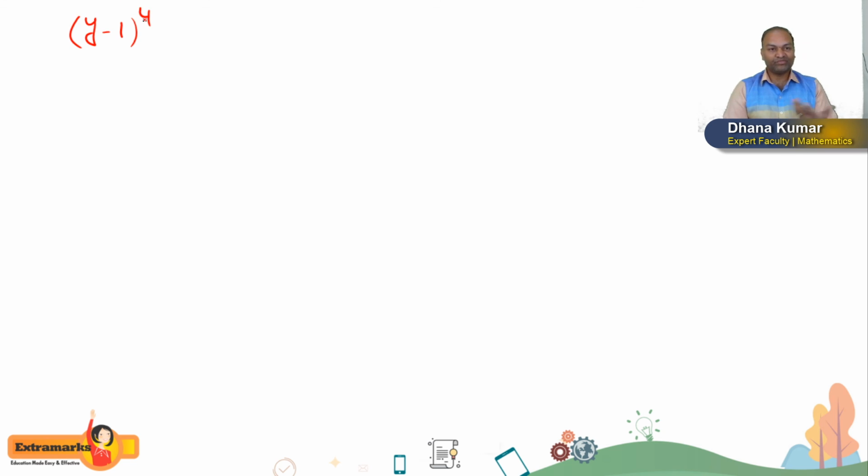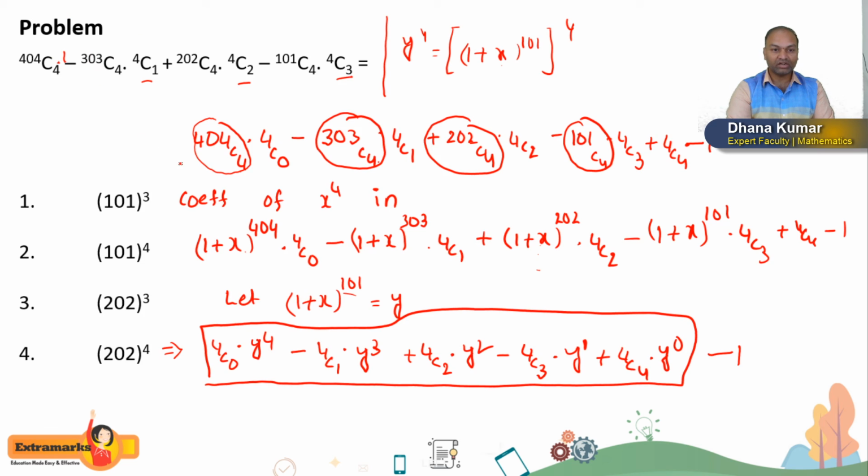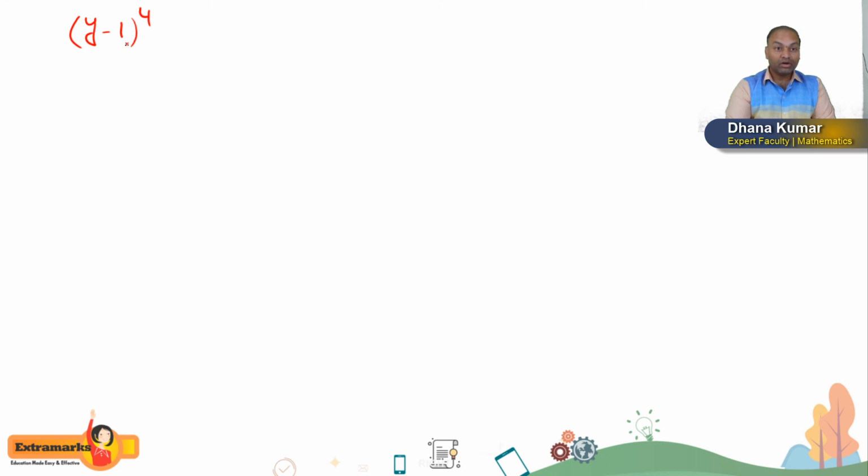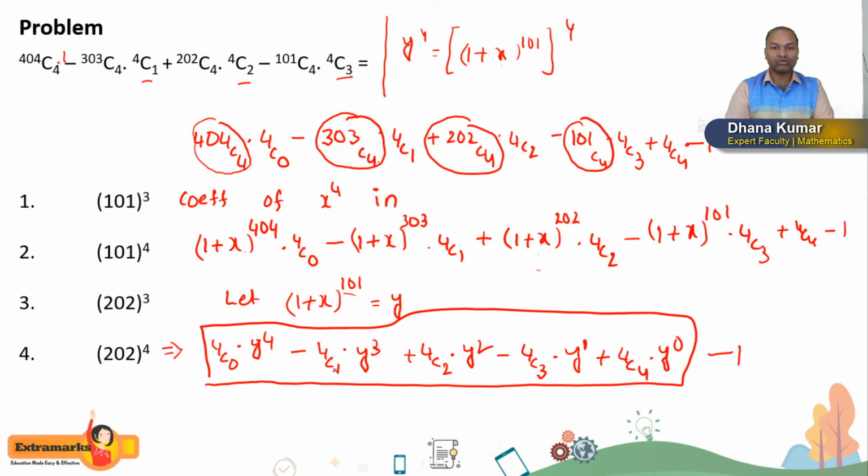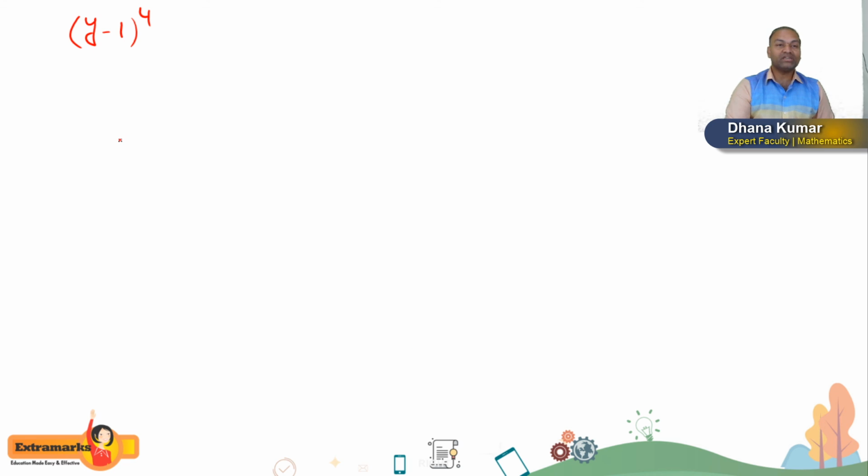If you want, you check it. What is that formula? 4C0 into y power 4. It is there or not? Right. Next, minus, because minus is there, alternate sign. 4C1 into y cube. Is it correct or not? Right. So this expansion is equal to (y minus 1) whole power 4. At the last, minus 1 as it is.